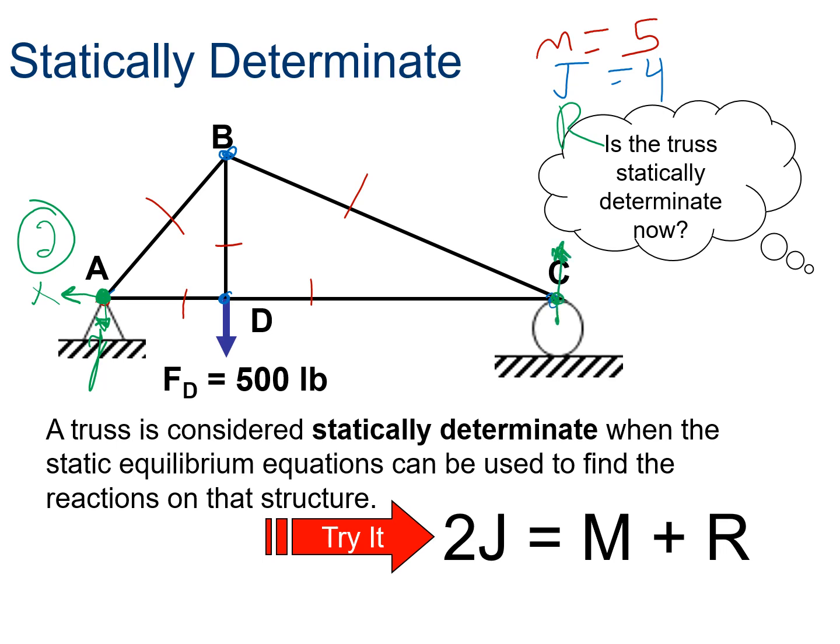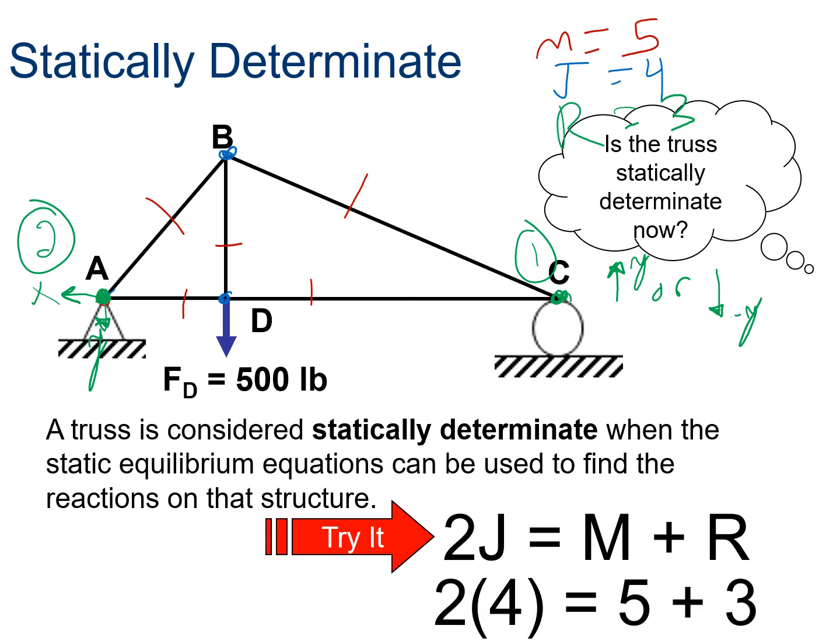You either have a net force that's going in the positive Y direction or the negative Y direction. And so there's really only one choice there. So that gives you reaction forces equal to 3. And so that allows you to make a determinant.